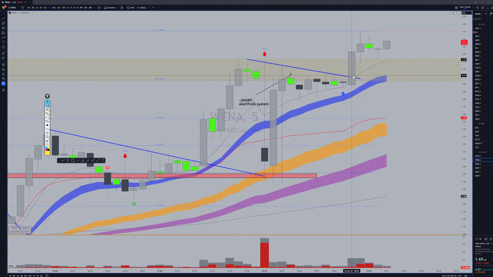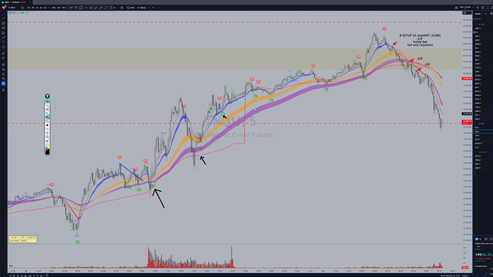Now we're gonna look into NQ. This is yesterday, right? NQ yesterday, you can see, and I like to use this template, which will give you all entries automatic. So we had a long over here, a long over here, a long over here.